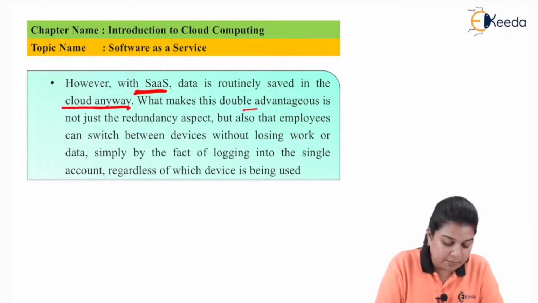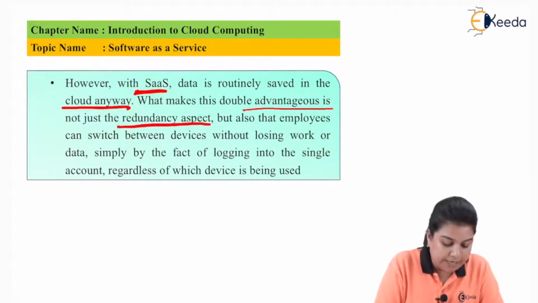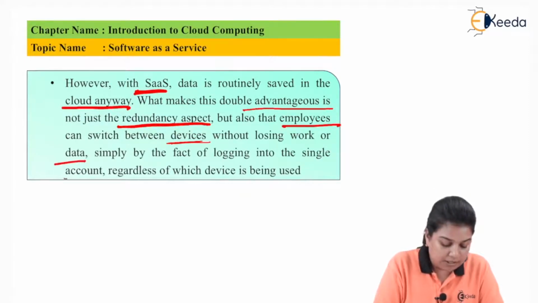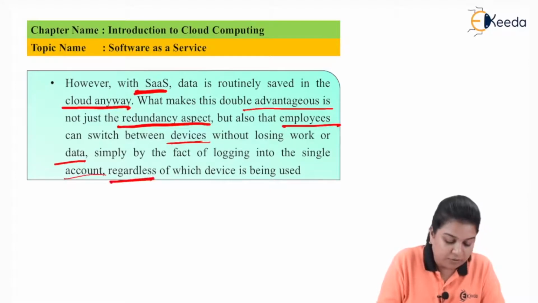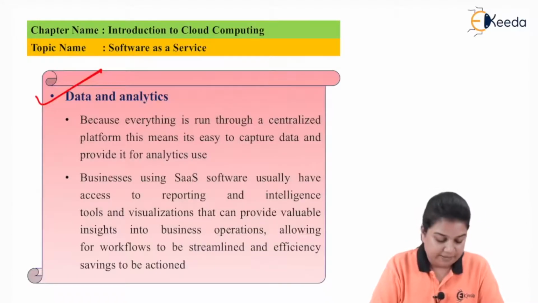What makes this doubly advantageous is not just the redundancy aspect, but also that employees can switch between devices without losing work or data simply by logging into the single account, regardless of which device is being used.